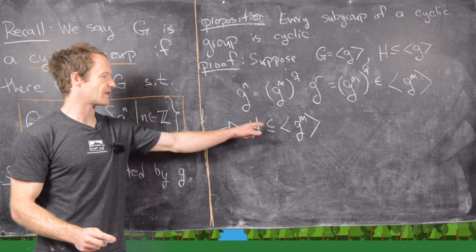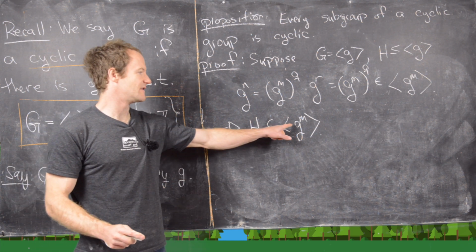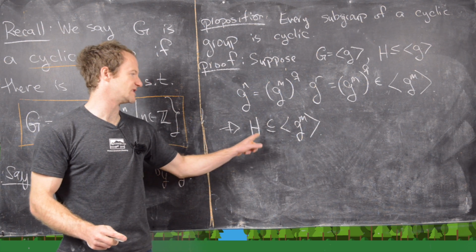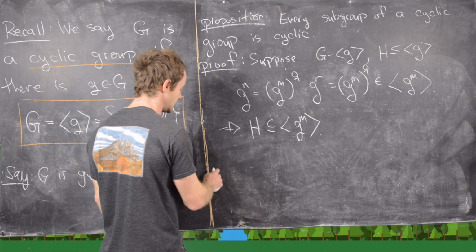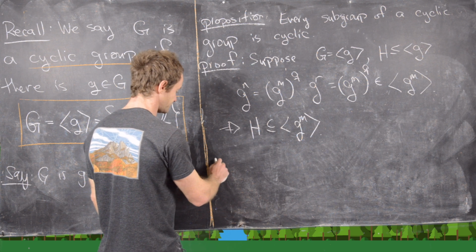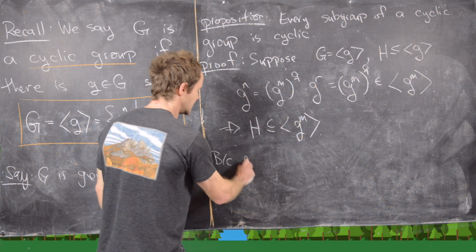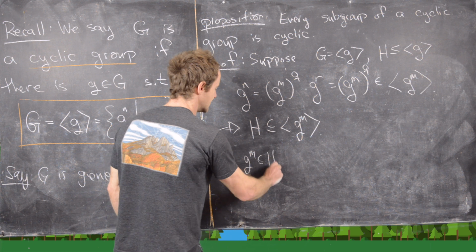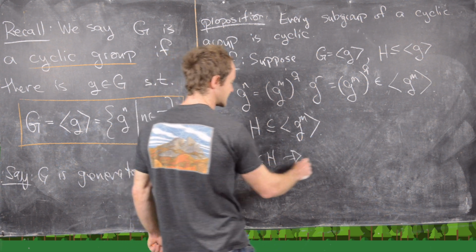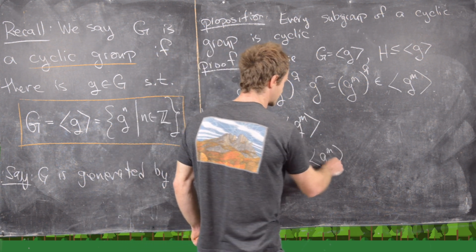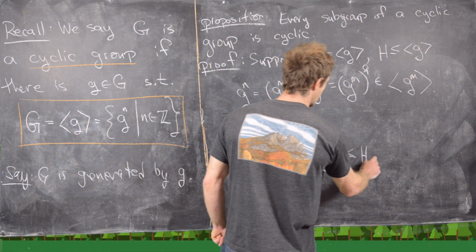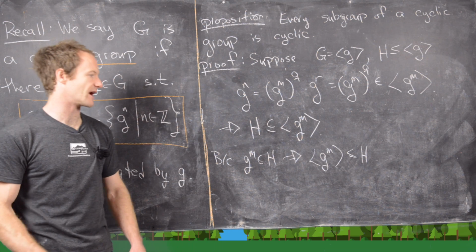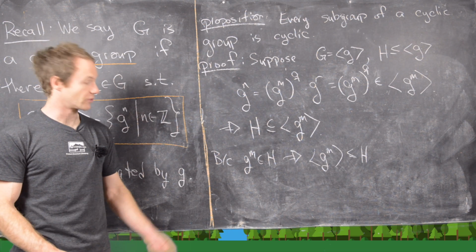Great. So now the next thing we need to show is that this cyclic subgroup generated by g to the m is in H, but that's actually quite easy, and that is because g to the m is in H. That tells us that this cyclic subgroup generated by g to the m is actually just a cyclic subgroup of H itself, viewing H as a group.